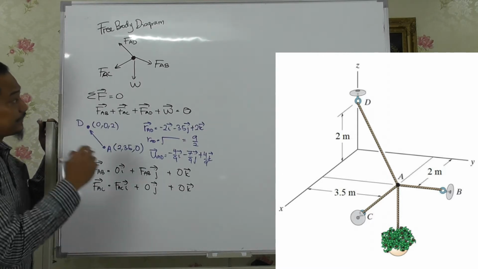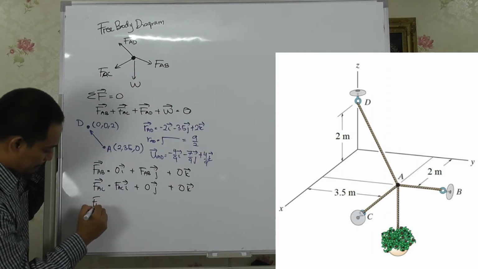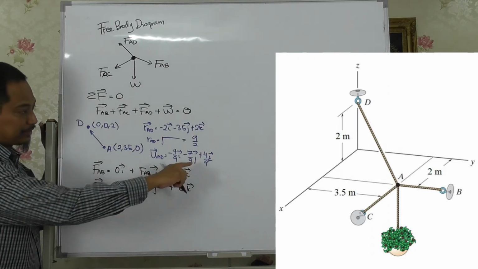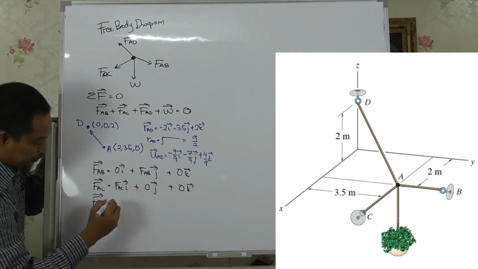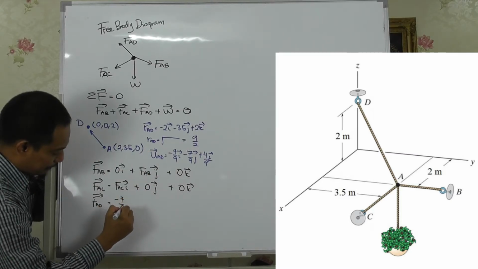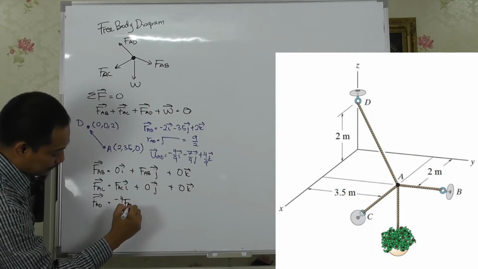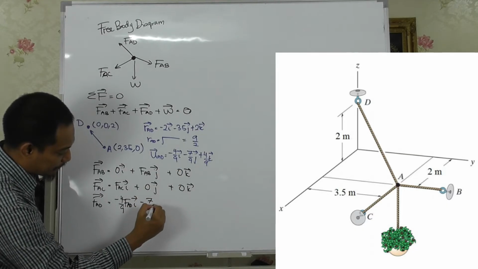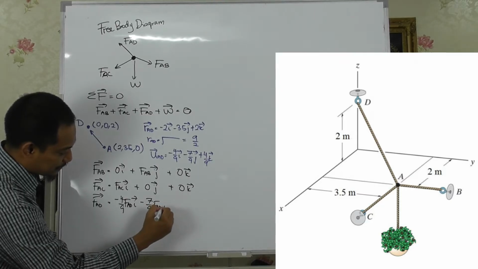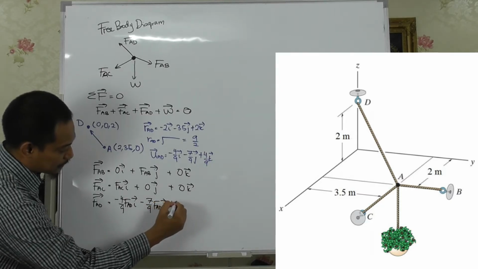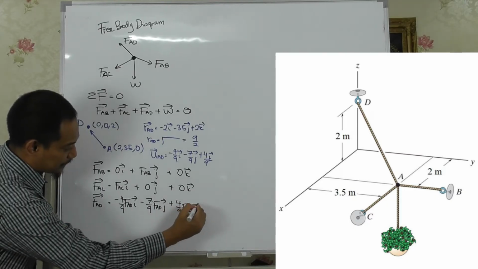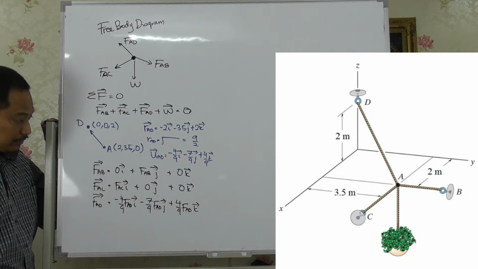For FAD, we already have the unit vector here, it's just multiplied by the FAD magnitude, so we'll get minus 4 over 9 FADi minus 7 over 9 FADj plus 4 over 9 FADk, right?